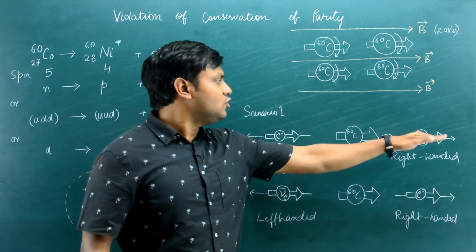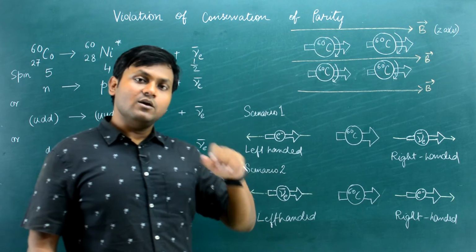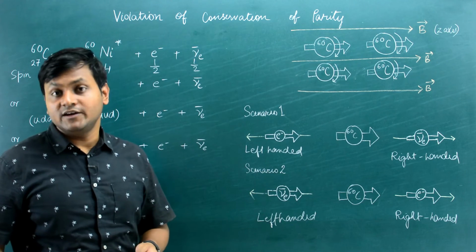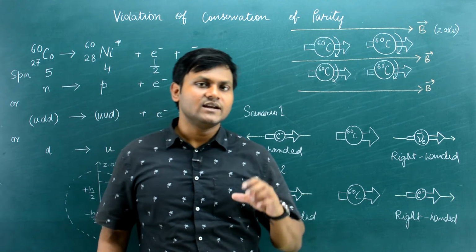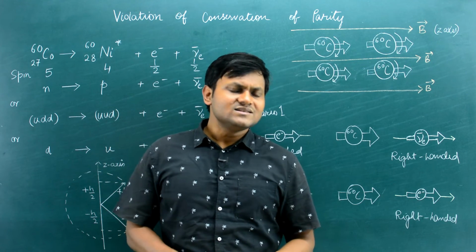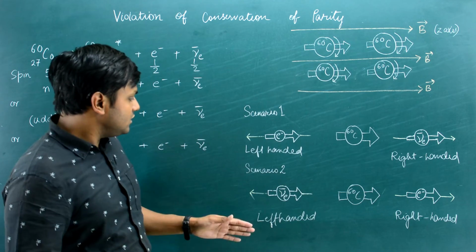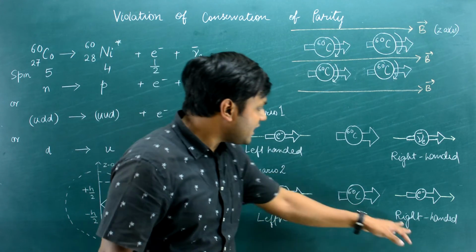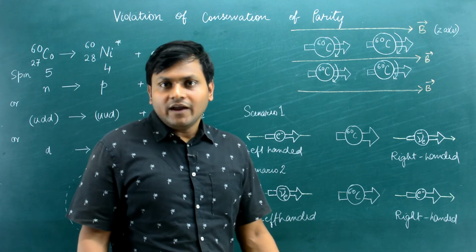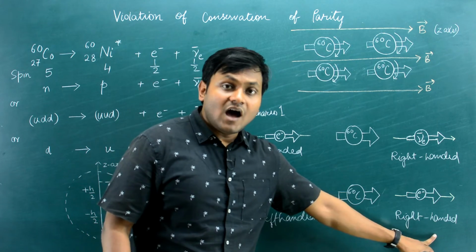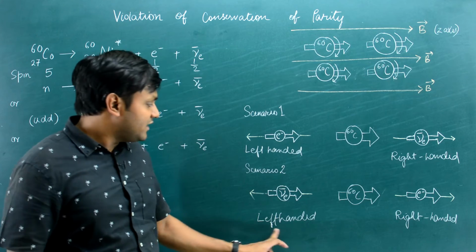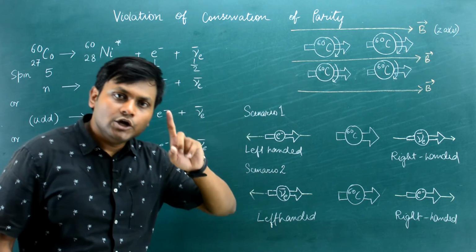They will be emitted in both directions with 50-50 probability of being left-handed or right-handed. A photon being left-handed means that it's simply left circularly polarized, and right-handed means it's right circularly polarized. Even in nature, left-handed electrons and right-handed electrons are found, right? So even though right-handed electrons are indeed found in nature, left-handed antineutrinos are not.